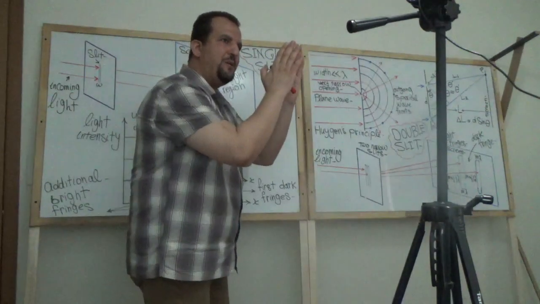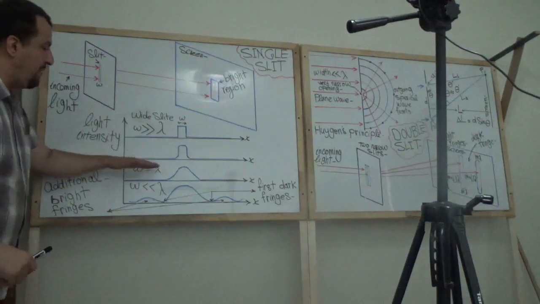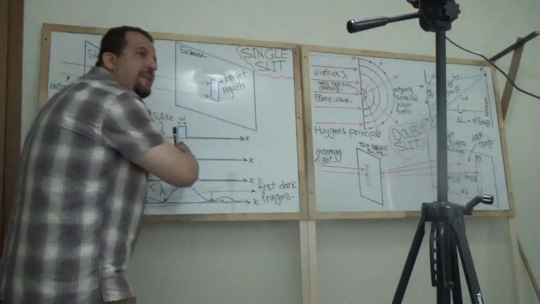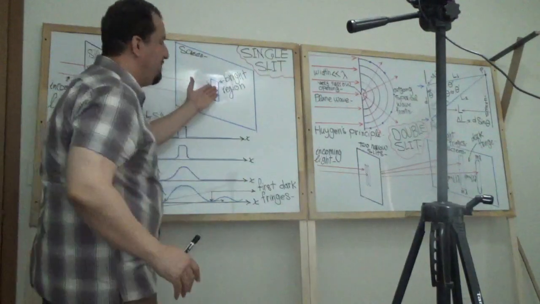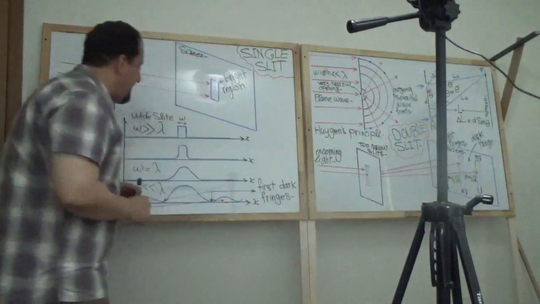It will be a little bit wider. If the width is equal to the wavelength of the incoming light, the bright spot will be a little bit flattened.